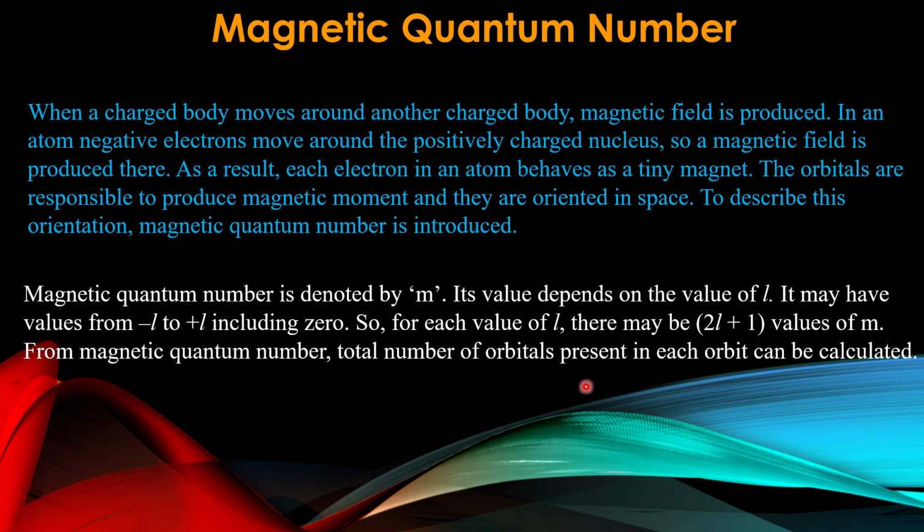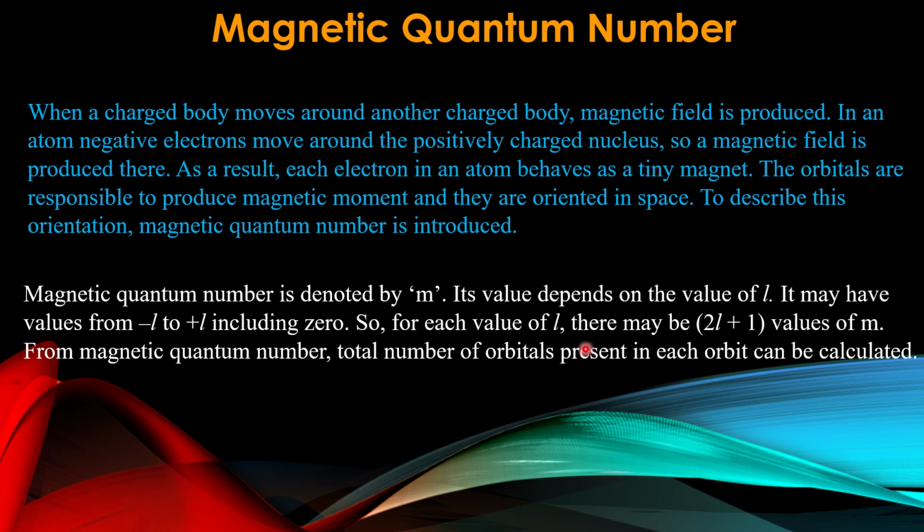That means when the value of L is 1, then we will get 3 values of M. In this way, when the value of L is 2, then we will get the value of M minus 2, minus 1, 0, plus 1 and plus 2.